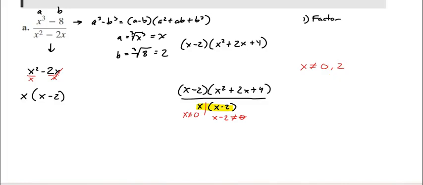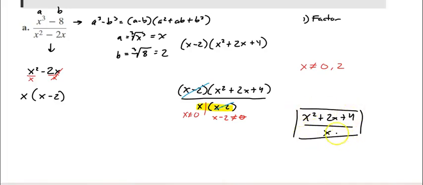But remember, restrictions come before simplification. For this case we didn't have to worry about that. So we just reduce this out, and our final answer is x squared plus 2x plus 4 all over x. That is our final solution for this example.